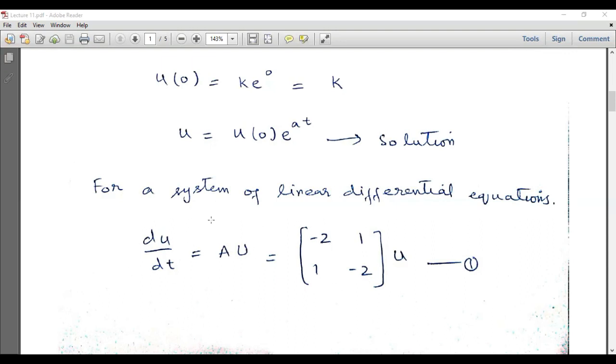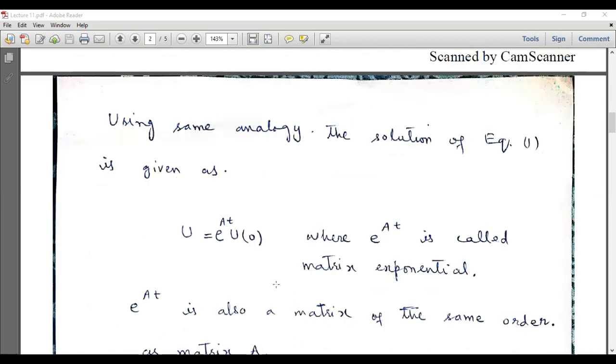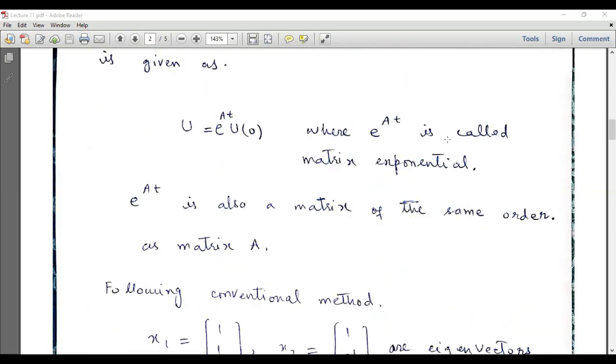So the solution of this differential equation is u equal to e raised to power capital At multiplied by u0. And e raised to power At is called matrix exponential. And if we have a matrix as the power of the exponential function, then the result will also be a matrix which has the same order as this matrix A, right?